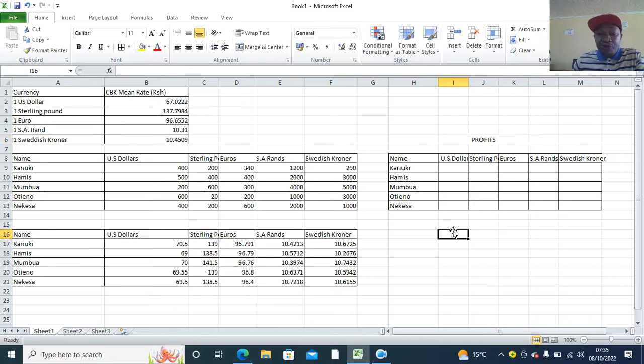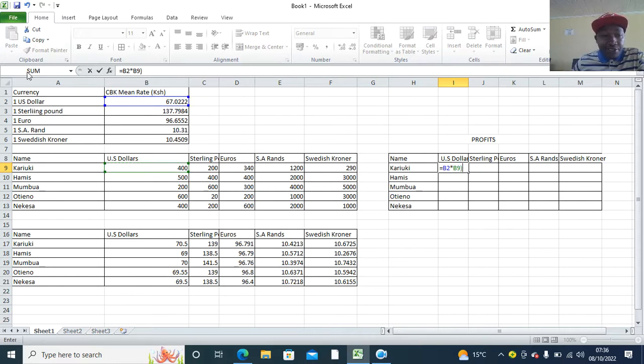So our profit will be now the buying price minus the selling price, and for that case we shall go to US dollar here, type equal sign. So this is the selling price, this is whatever was bought. So for the US dollar, it will be that one multiplied by that one. Then we just cross the bracket.